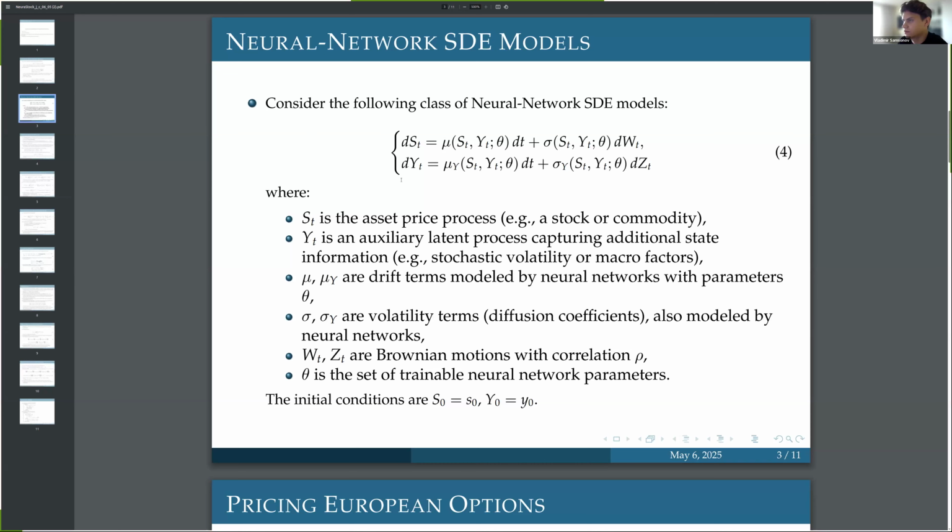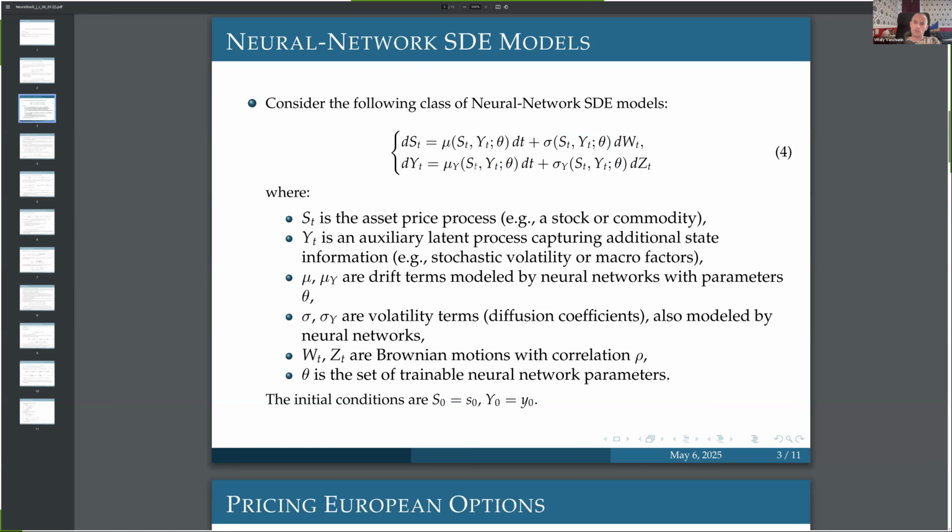Here you can see the two-dimensional stochastic process with different drift terms and volatility terms. All of these terms are modeled by a neural network with at least 4 outputs. And in this paper, they study this type of neural network as their model.